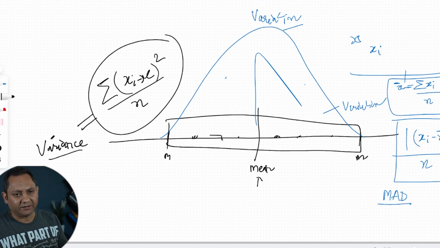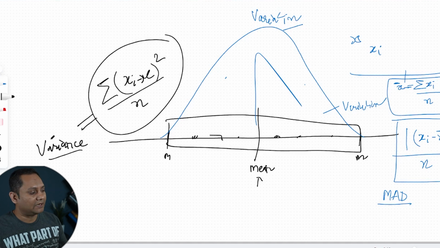So one way of measuring how far apart the numbers are is by taking the absolute difference from the mean and taking an average of those distances. So it's the mean absolute deviation. Or the other way would be to see how far each point is from my mean, take that difference, and square it, so rather than taking the absolute value, I square it to make sure it's positive.